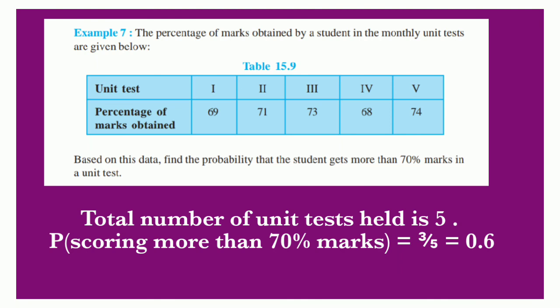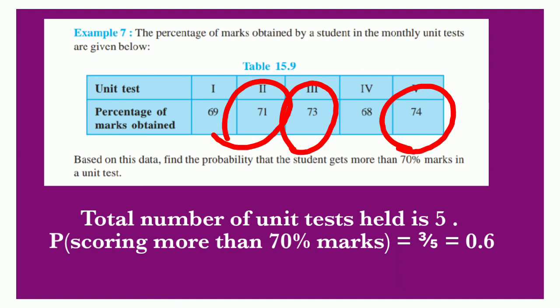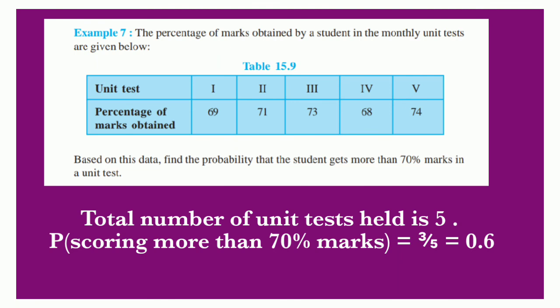Given 5 unit tests and their marks, total number of unit tests is equal to 5, and the number of unit tests in which the student obtained more than 70% marks is 1, 2, 3, so 3 times. So probability of scoring more than 70% marks is equal to 3 by 5, which is equal to 0.6.